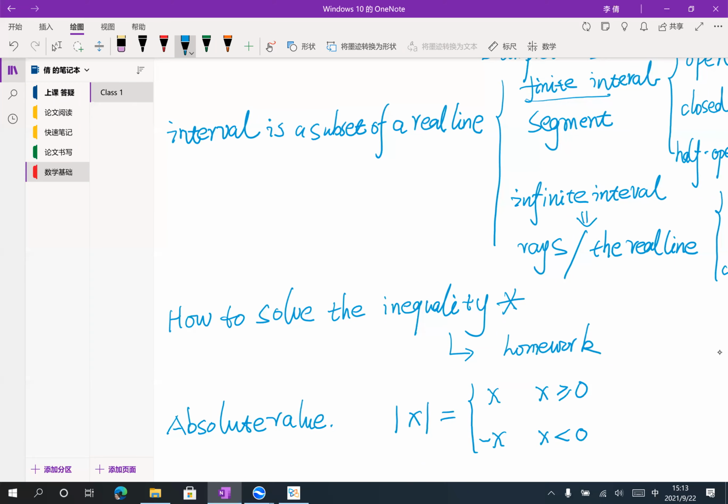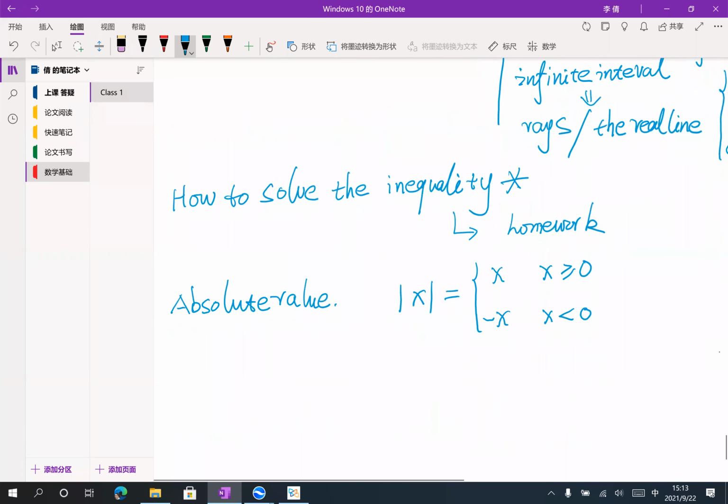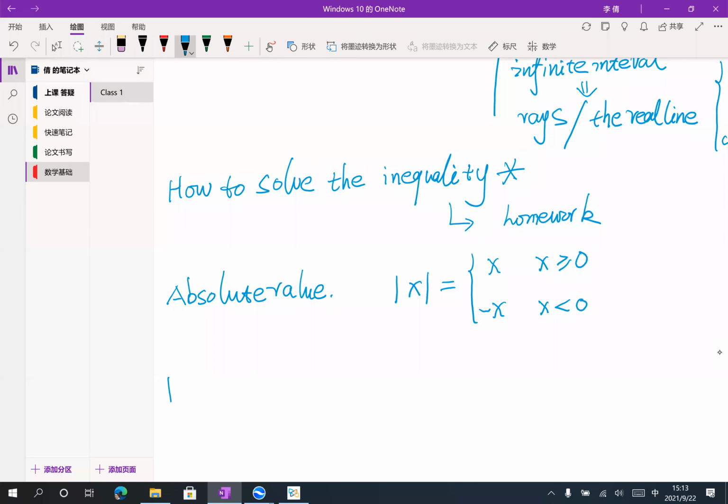Okay, and then we studied some properties of the absolute value, and let's review it. The first property: the absolute value of negative a is equal to the absolute value of a, right?